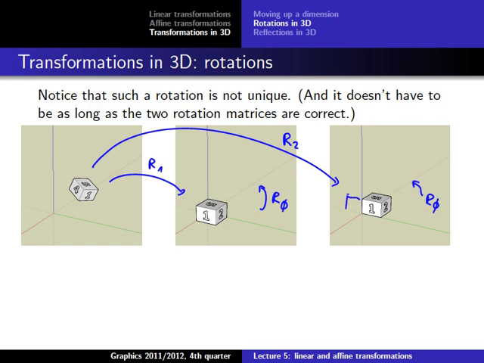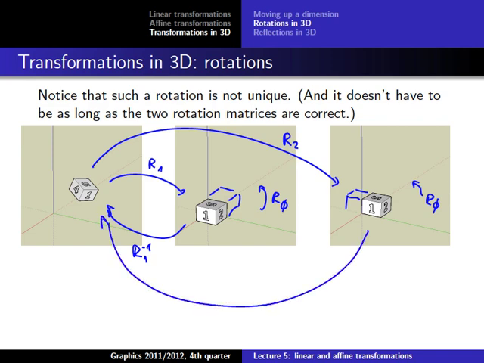That, for example, the cube is then here or here. If we do here the reversed operation, again, of course we end up with the same.